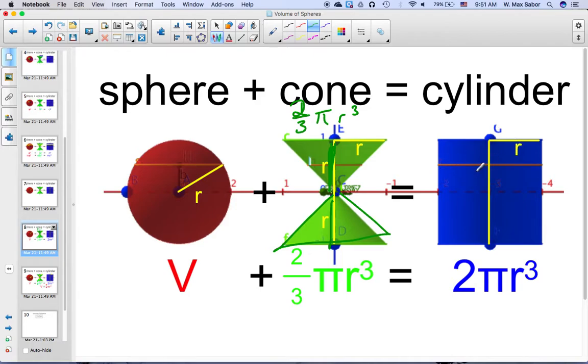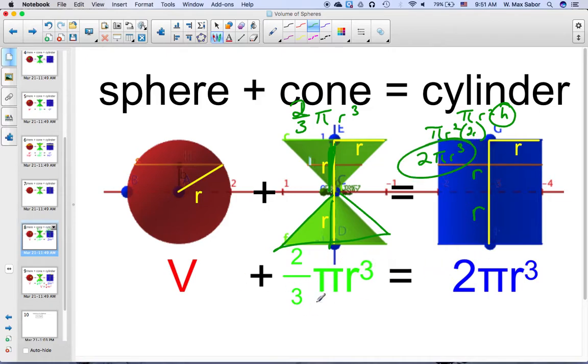And then the cylinder, this is r and that's r. So we have pi r squared h. h is 2r. So then this becomes 2 pi r cubed.